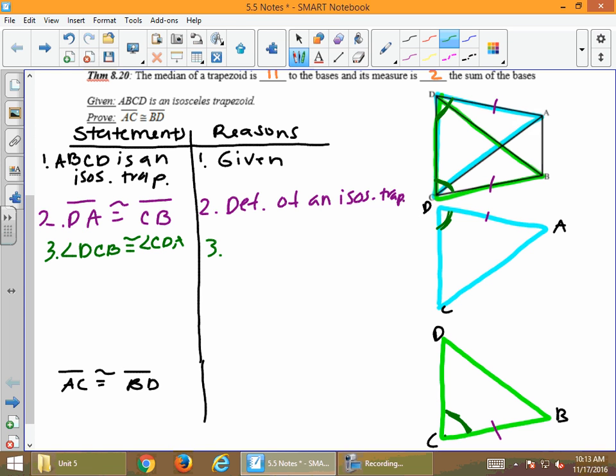And again, what's our reason going to be? Did it change at all? We knew those angles are the same because we knew it was an isosceles trapezoid. So our reason's still going to be definition of an isosceles trapezoid. That vocab word didn't change.